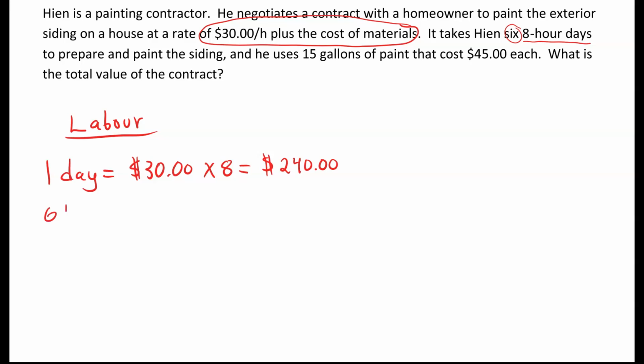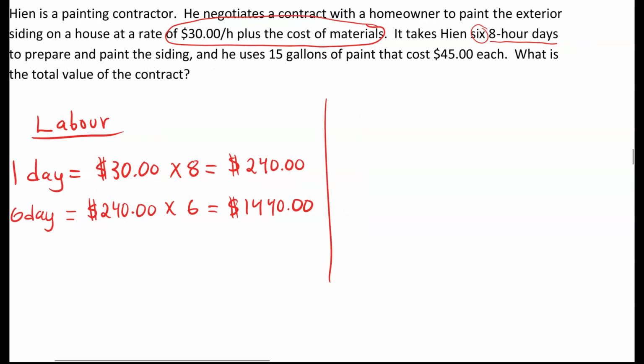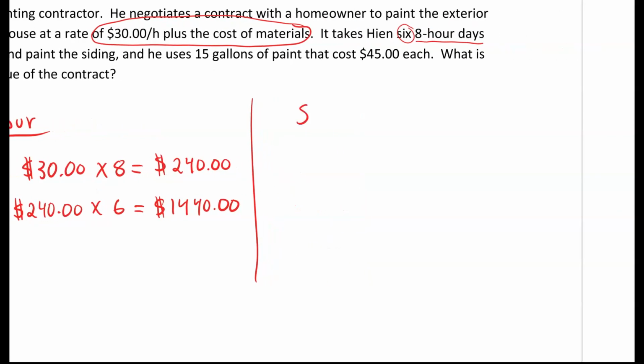The next thing that we need to look at is the 6 8-hour days. So we have 6 days of work, which means it was $240 a day multiplied by the 6 equals $1,440. Now, if you wanted, you could also combine these together and do this all in one step. The next thing that we need to look at is the supplies and the costs that the supplies were.